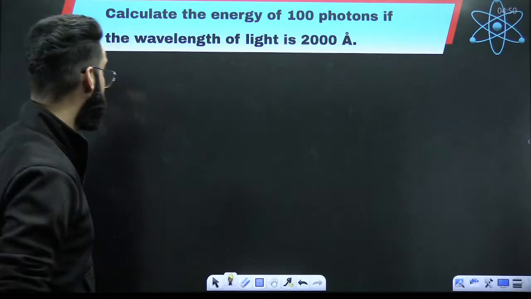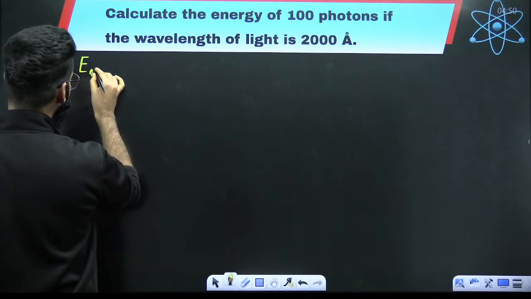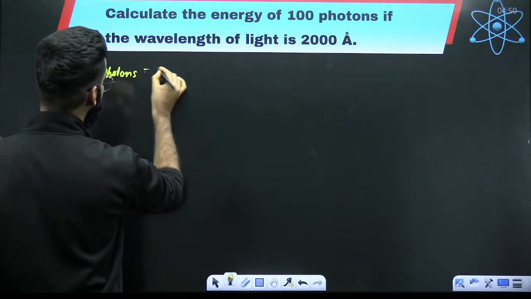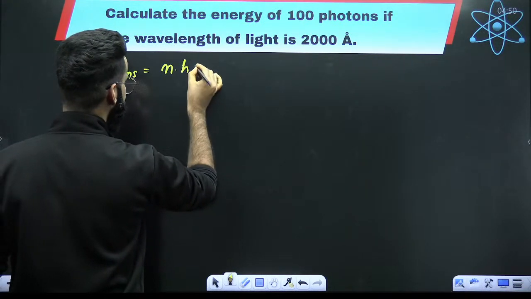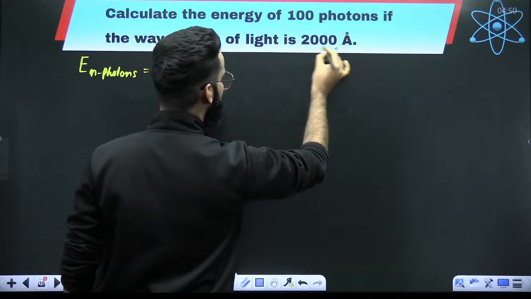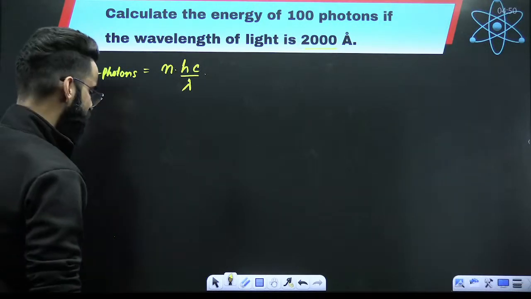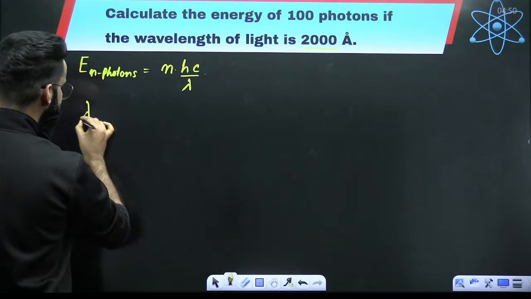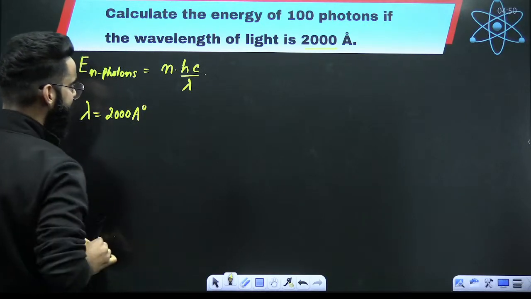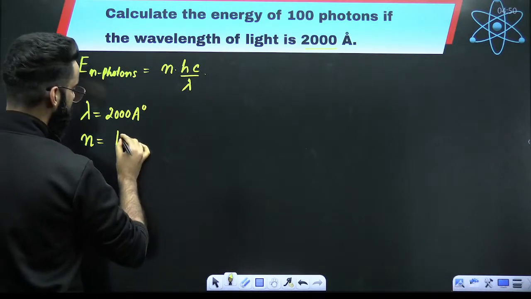What do we have to find? We have to find the energy carried by 100 photons. You already know energy carried by n photons is equal to n times h nu, but here I'll write n times hc divided by lambda because I'm given the wavelength of the light. Wavelength is given in angstroms, 2000 angstroms, and we have 100 photons.